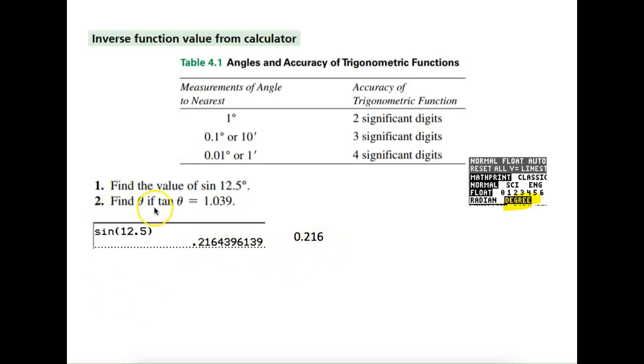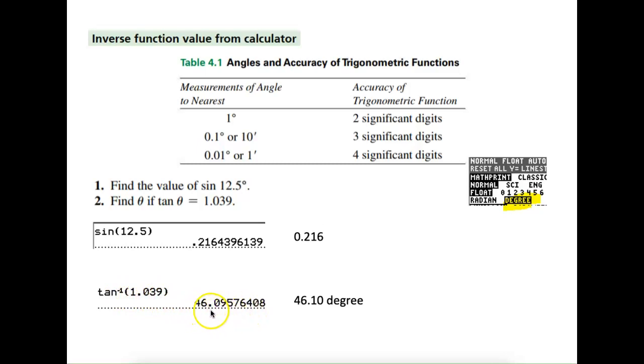To find the angle, if the tangent of an angle is 1.039, now look, we're looking for the angle. So to find the angle, we need to use our inverse function. So we're doing second tangent, and we're still in degree mode, typing in that number. We're going to get this answer.